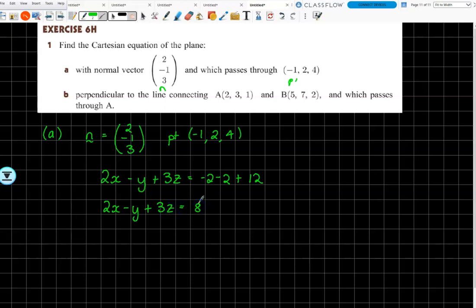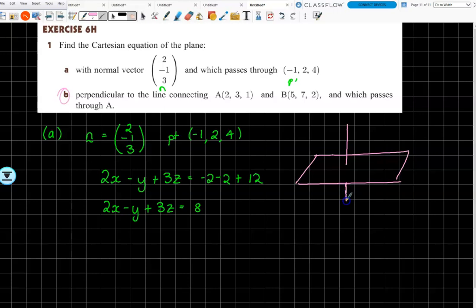Done. The next one, find the equation of the plane that's perpendicular to the line containing this. Yep, so find AB, and what we're saying is that we've got a plane perpendicular to the line, which passes through A. So if we've got a line that's going through here, I'll do that better.